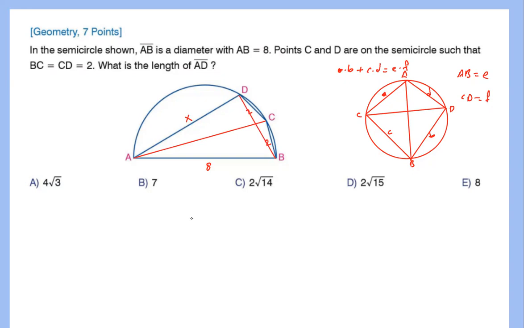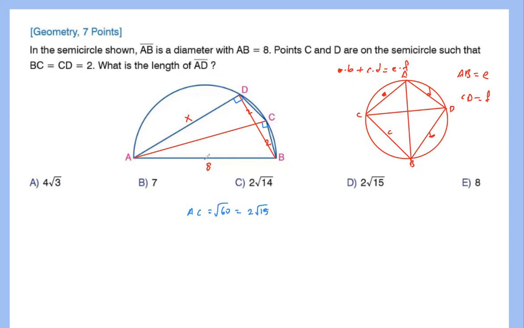In our first solution, I said whenever you have an angle that is facing towards the diameter, that needs to be 90 degrees. So this is 90 degrees. And with the same reasoning, this one is also 90 degrees. So if I use the Pythagorean theorem in ABC, AC has to be 64 minus 4, which is 60. So that's root 60, or you can just leave it as 2 root 15. And we already had this one.